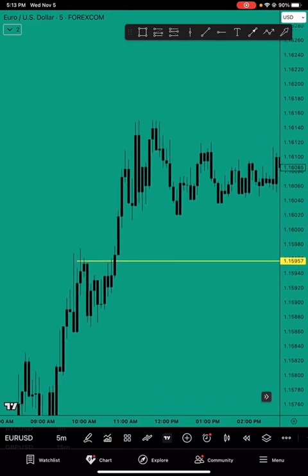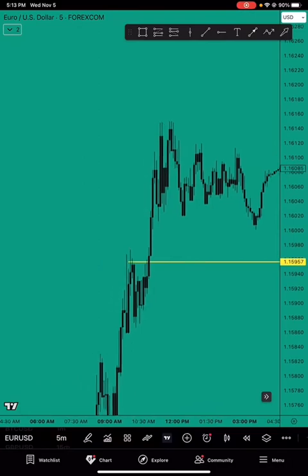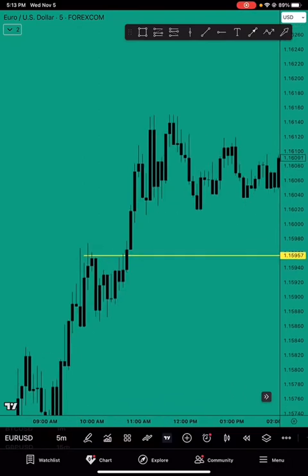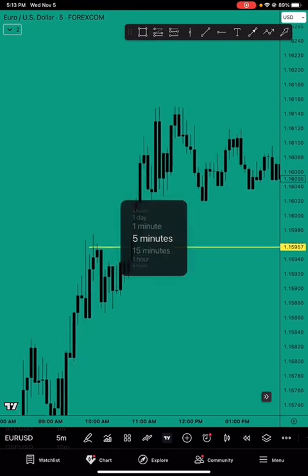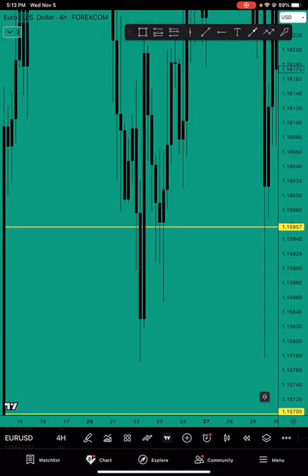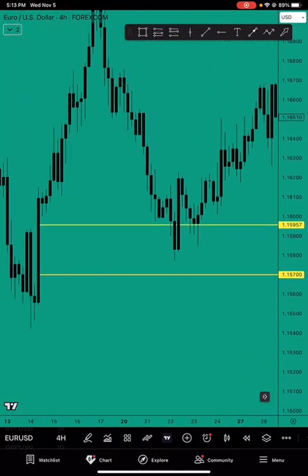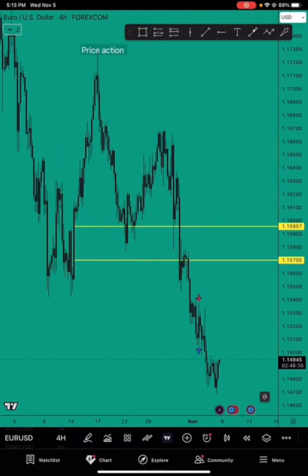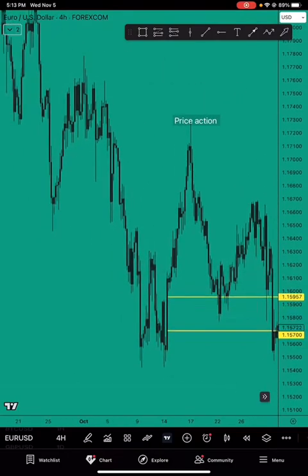Now, where swing traders come into play is they look for areas that price has reached before on that higher time frame. So they're going to go to that 4 hour and they're going to say, where has price come to?